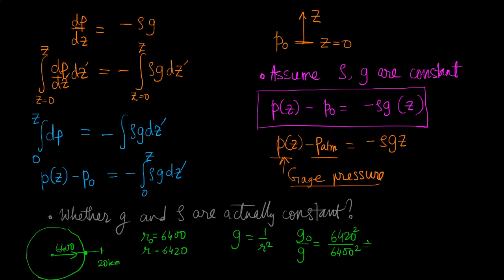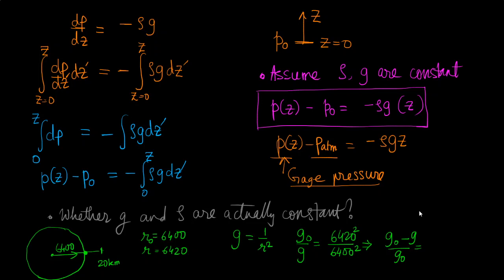If you actually do the calculation, g naught minus g upon g naught, which is delta g upon the g at the surface of the earth, you will see that this is actually a very small fraction. Let me just pull out my calculator, my old trusty calculator from 18 years back.